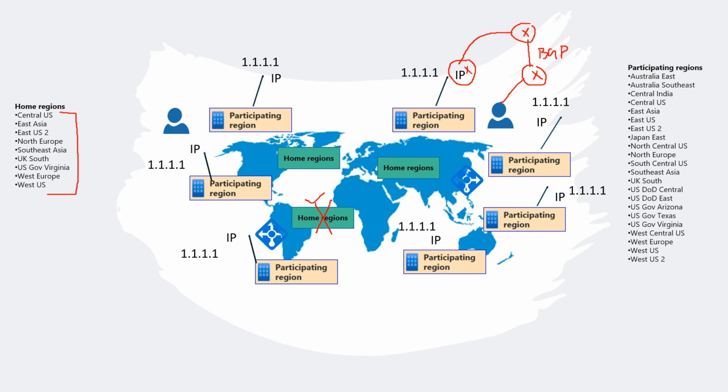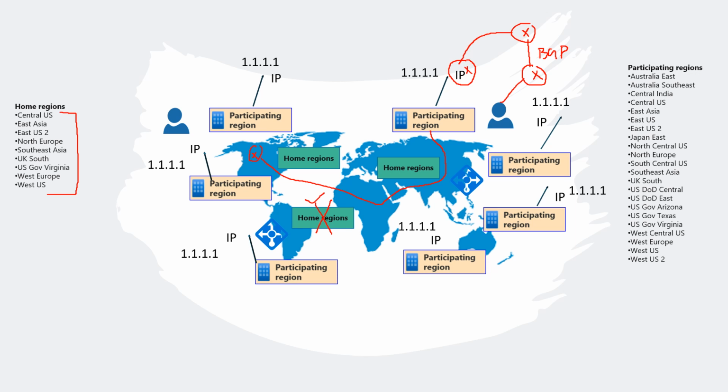So based on the best route, it will take you to the nearest participating region where Microsoft is available. And once you enter the participating region, over the Microsoft backbone network, you will be traveling to wherever you have deployed your load balancer resources.